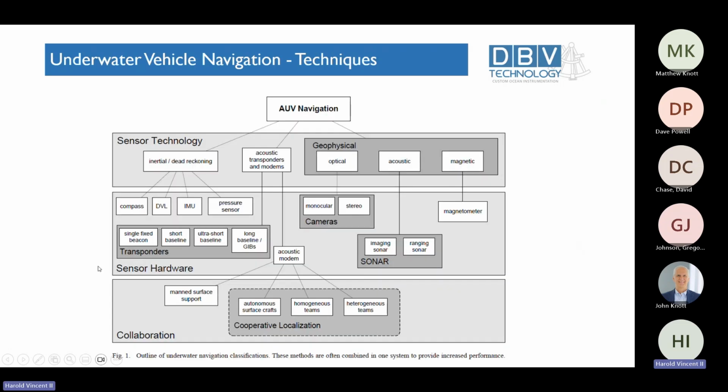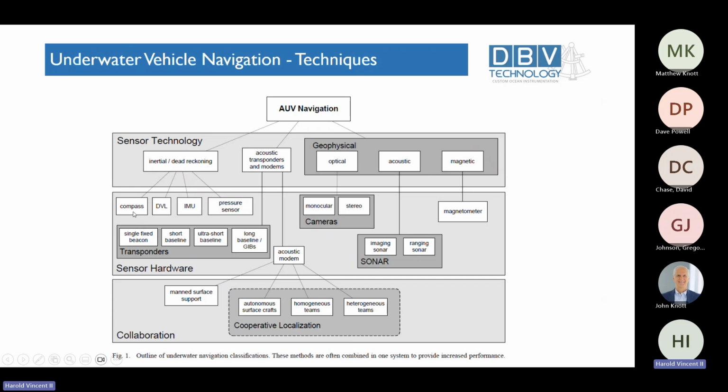So if we take a look inside a typical AUV from a navigation perspective, you'll see that there's several subsystems and components in there. You'll see that it has an IMU, inertial measurement unit, a pressure sensor to give it some indication of what its depth is, a DVL, Doppler velocity log, a compass to give it heading.